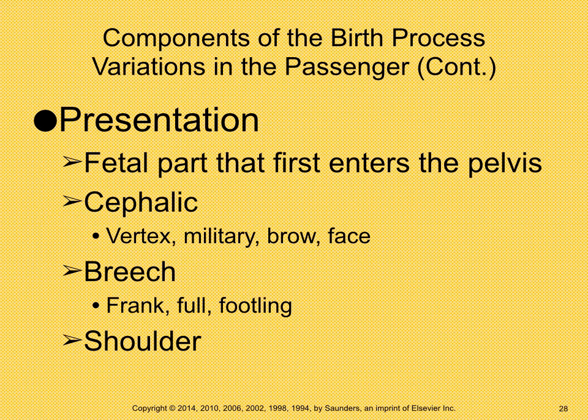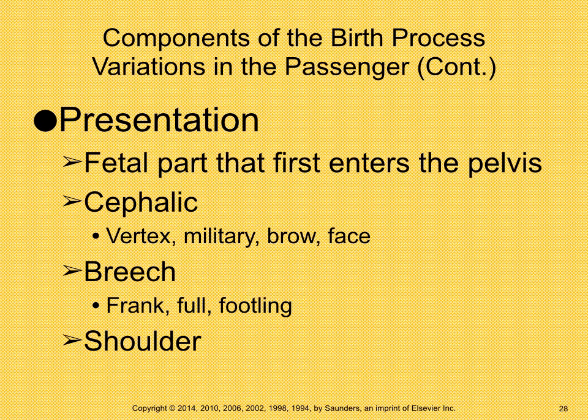Presentation: the fetal part that first enters the pelvis. So that would be what area of that fetal head is entering the pelvis first. Is this a fetal head that is in full extension? Is this a flexed baby? When we talk about position, vertex means head down. Military position means they'd be presenting their chin a little bit more. Brow, they'd be presenting their forehead first, and face presentation, so that full face coming through the pelvis.